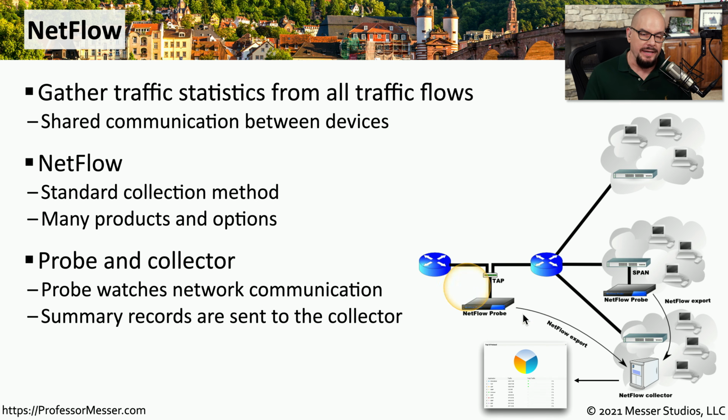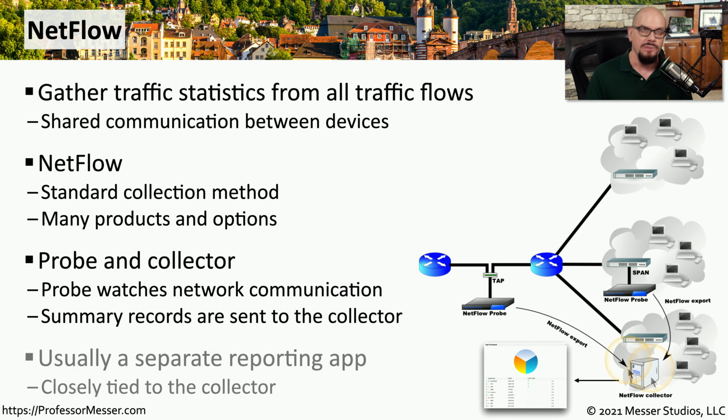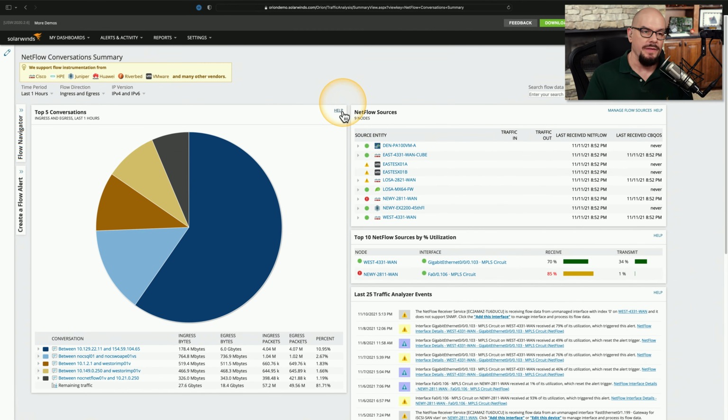The probe is usually connected to the network through a tap or a port mirror, and sometimes NetFlow probes are built into infrastructure devices themselves. The probe then sends information to a collector. This is usually a device that has a large amount of storage space and is gathering statistics from many different NetFlow probes on the network. There's usually a reporting tool available on the collector, and you can monitor traffic over time and identify any anomalies that may have occurred.